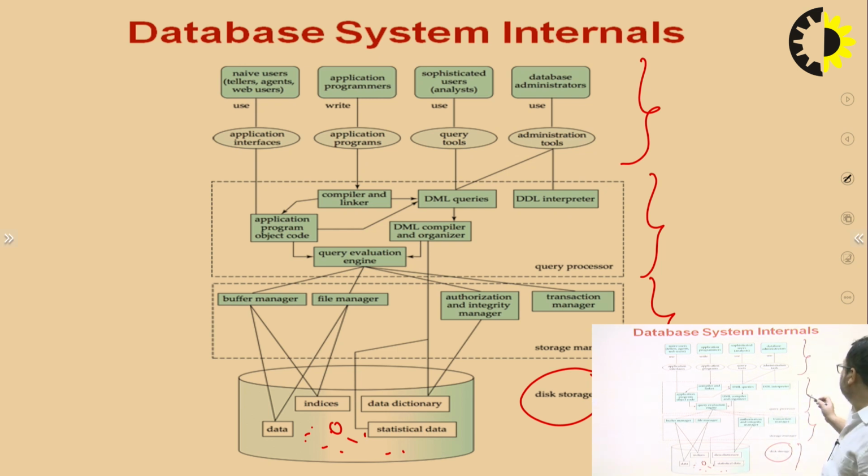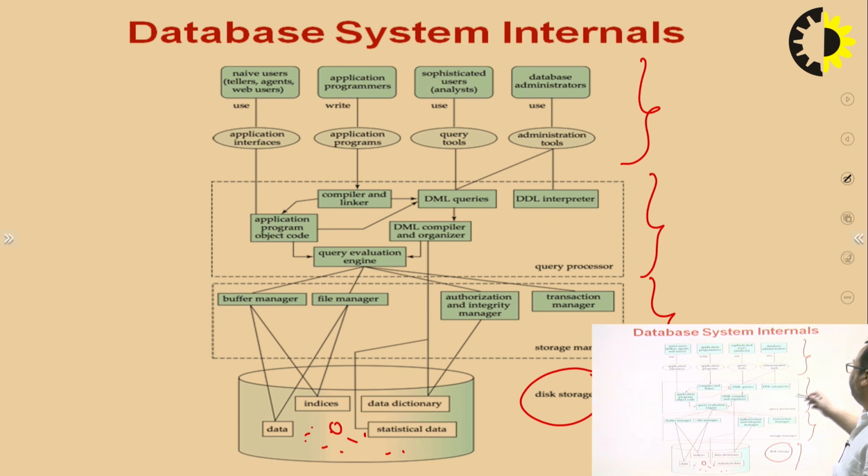So at the higher level there are types of users, and they put in requests in the form of queries. The query processor is going to process all those queries using modules like application program code, object code, compiler, DML query and all that.